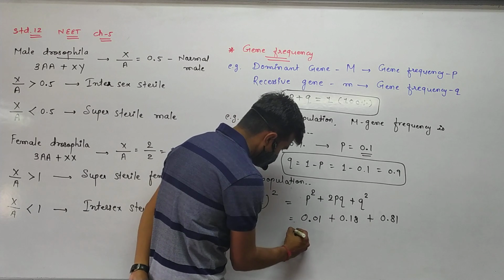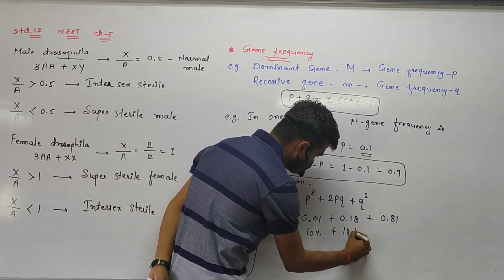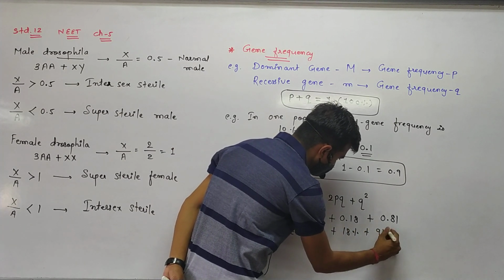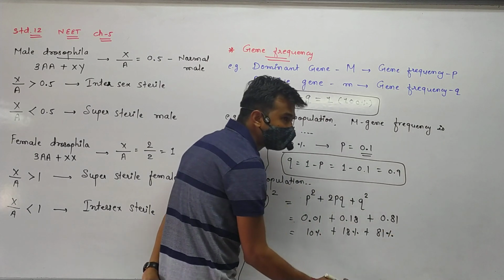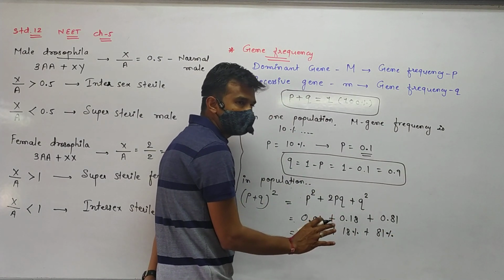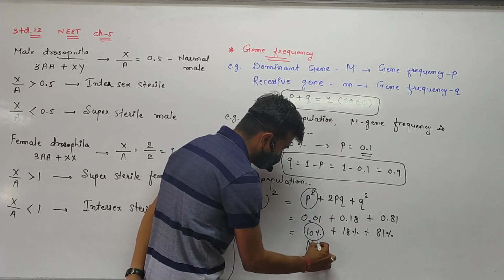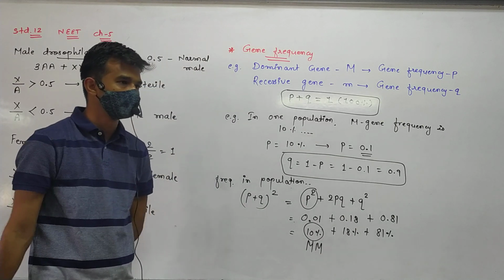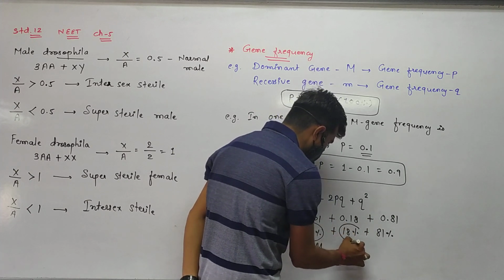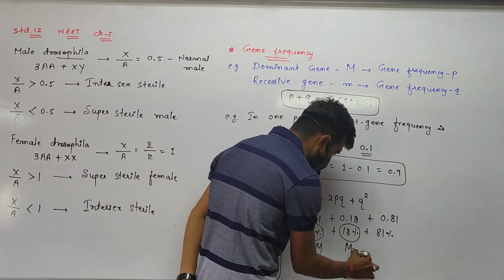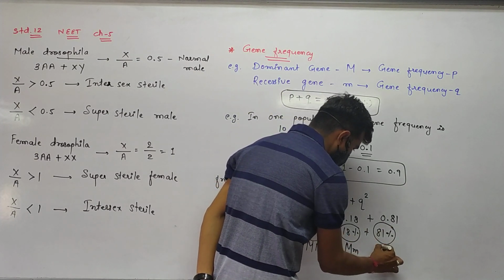So 1 percentage plus 18 percentage plus 81 percentage. 100 percentage came, fine, and the 1 percentage for P square represents the capital M gene. Then 2PQ becomes 18 percentage, so this indicates the heterozygous condition, and Q square indicates small m.